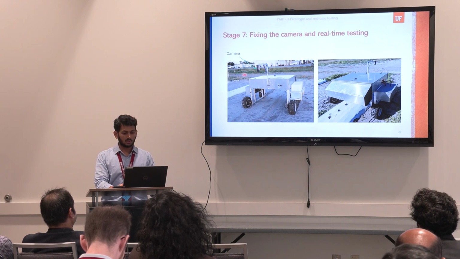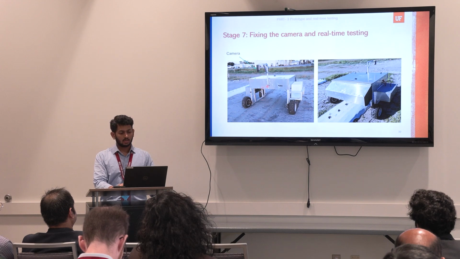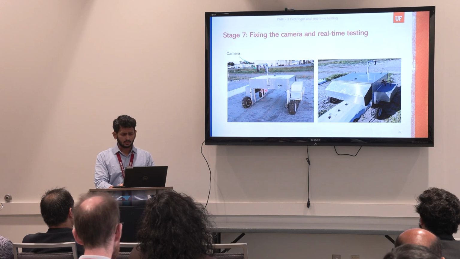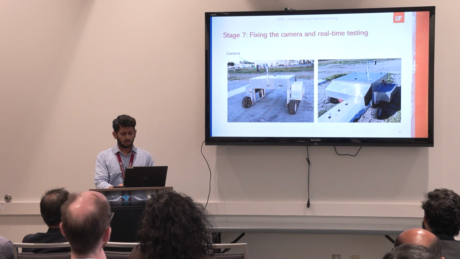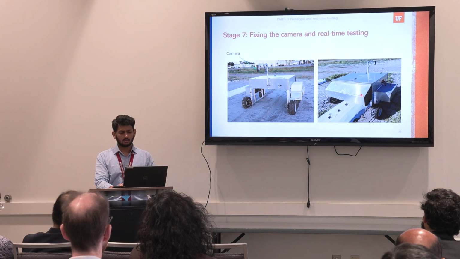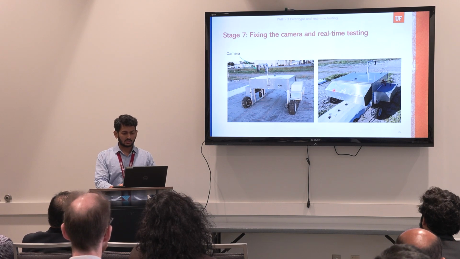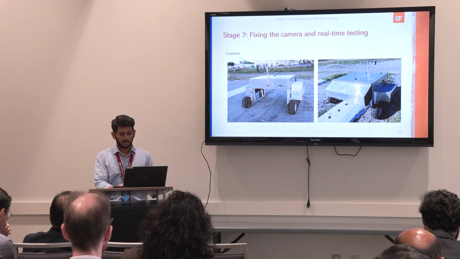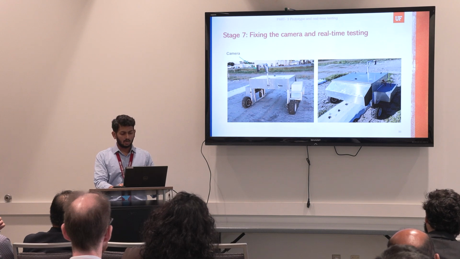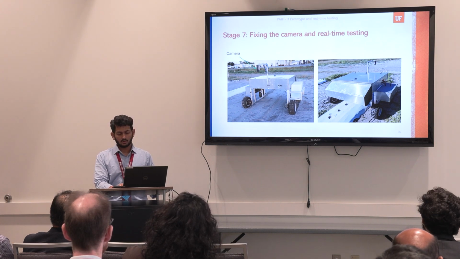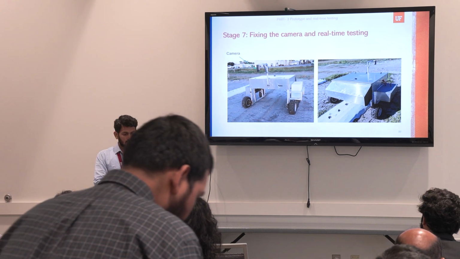So this is the industrial camera. At that stage, we will use one industrial camera. This hood covers all the solenoids and the piping system to protect it from extreme heat and humidity and stuff. Once the camera was fit, we went on to real-time testing.